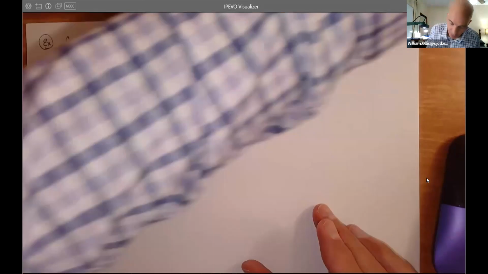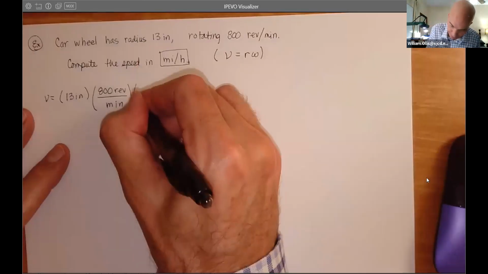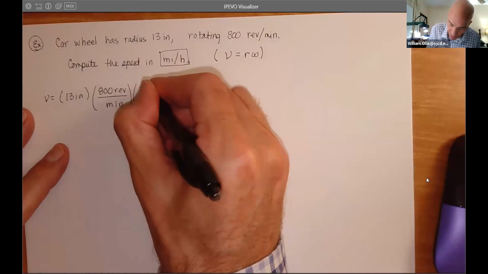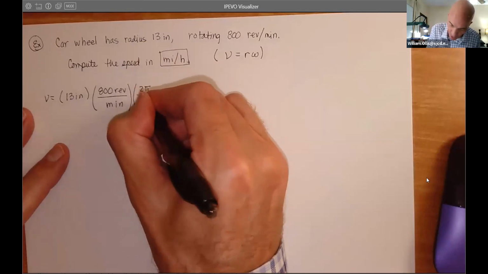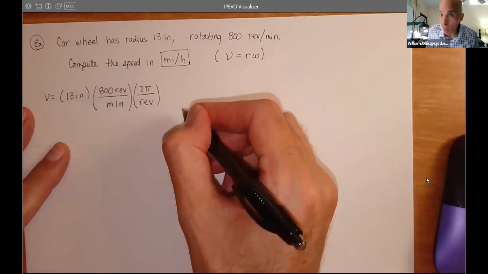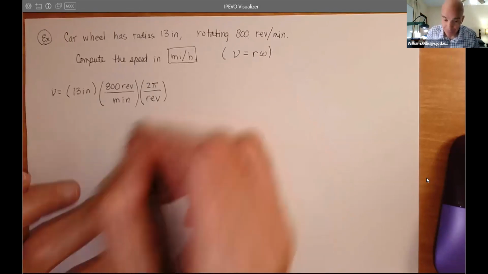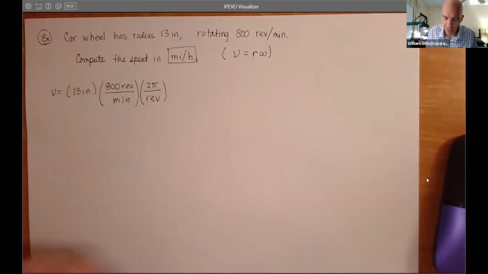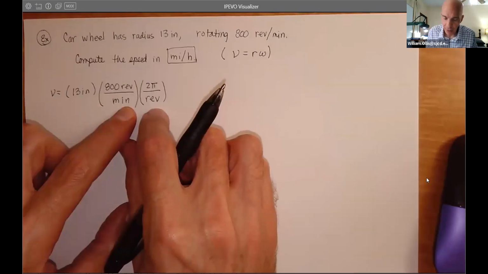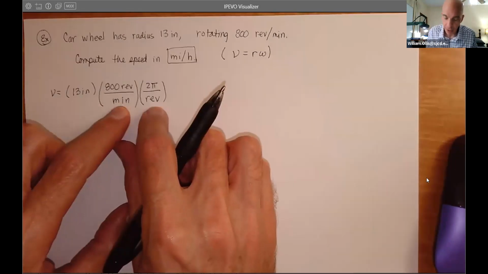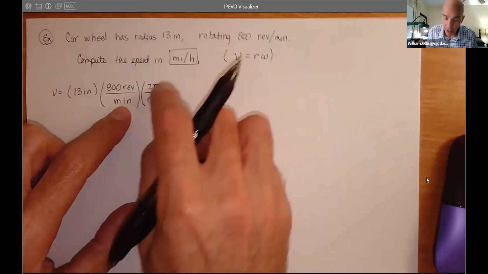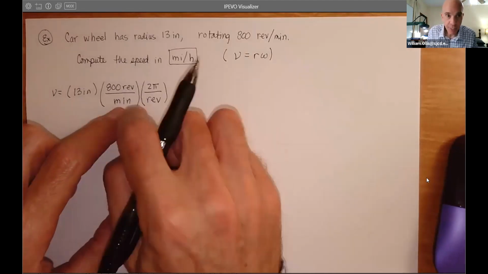So let's go ahead and convert that. 2 pi radians per revolution. That's a better way to write it so that you go ahead and get the right units. So we've got everything here. This is our R omega. So this is truly omega now, where we have radians per unit time.